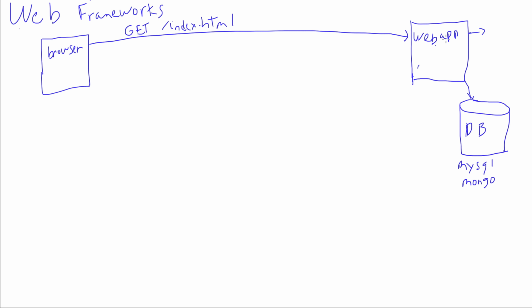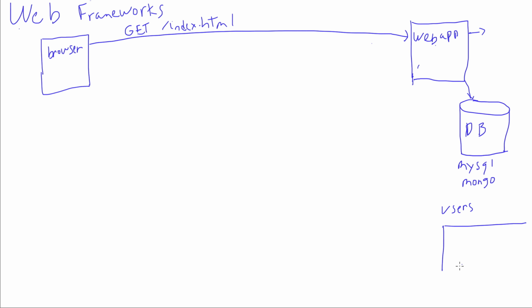Now, one of the other things they provide is this: because they all have to go to the database, and you're writing your code for the web application in some programming language, one of the things you need to do is map the stuff from the database to your code. For example, let's say I have a users table in the database.